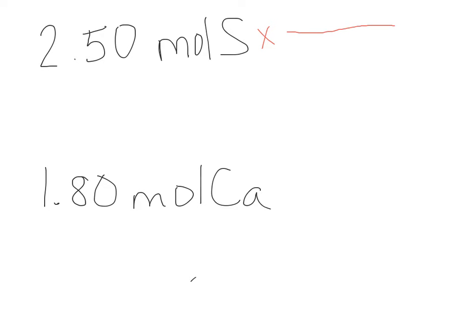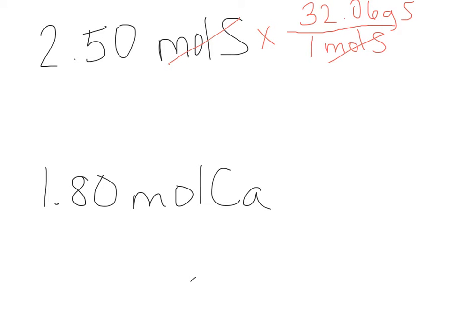So we want the unit of moles to cancel out. So 1 mole of sulfur goes on the bottom. And we can reference the periodic table of elements. The mass number for sulfur is 32.06. So 32.06 grams of sulfur. Again, the mass number tells you the mass of 1 mole of an element. So 1 mole of sulfur and moles of sulfur cancel each other out.